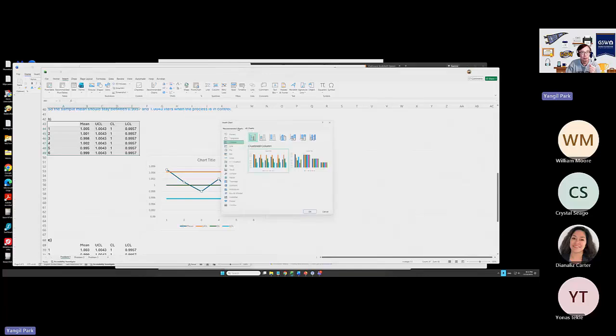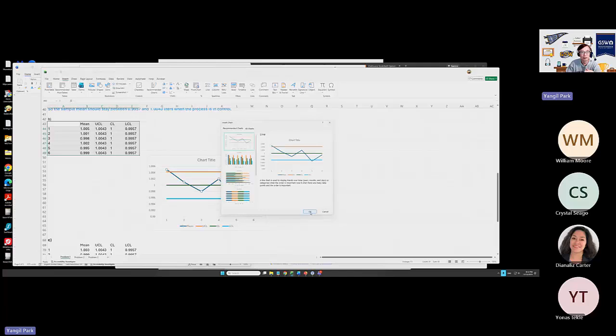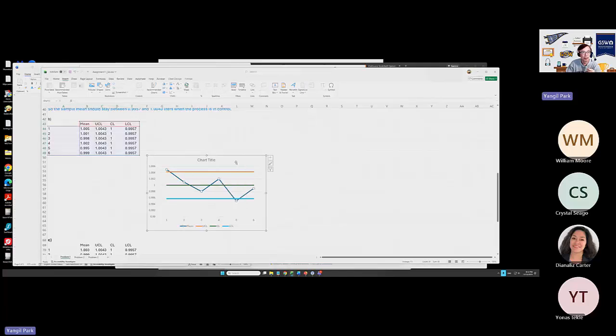You can go to line, but I just thought I would go with this line chart, which is given, right? So click OK, and that's what you're going to get. But to give an exact point, you can have a different chart type for the sample mean.